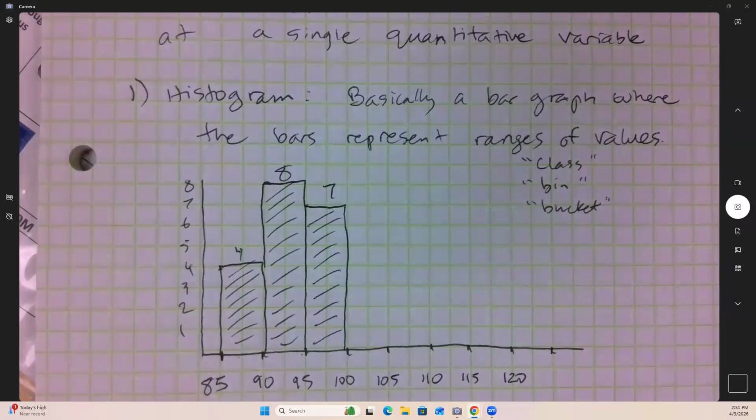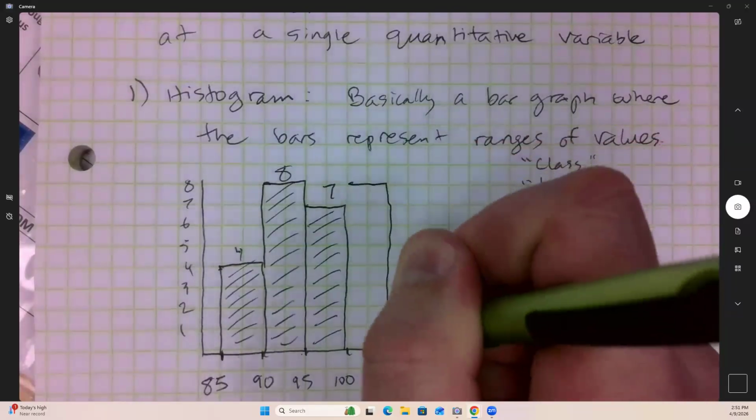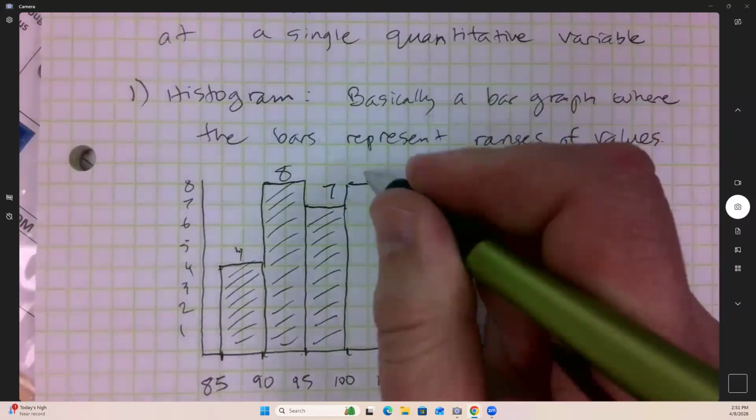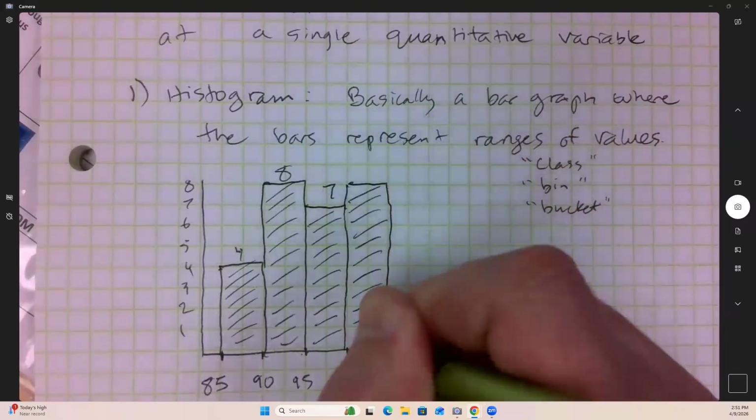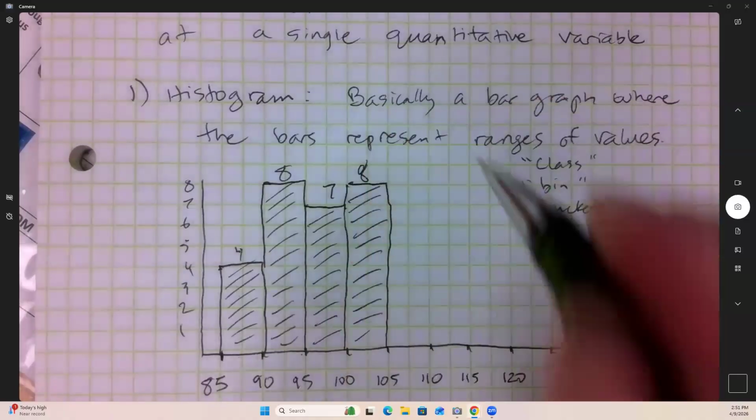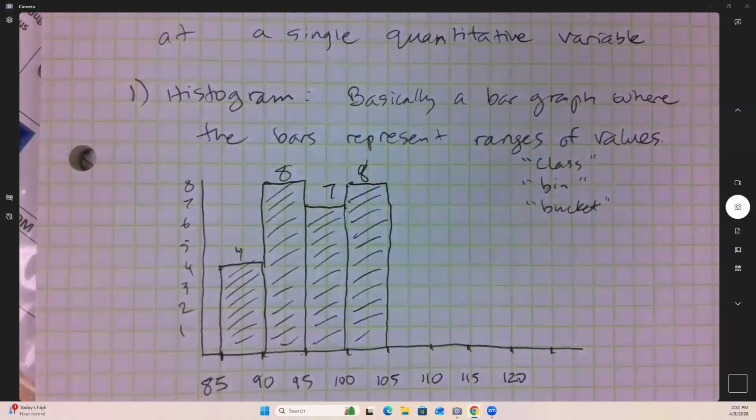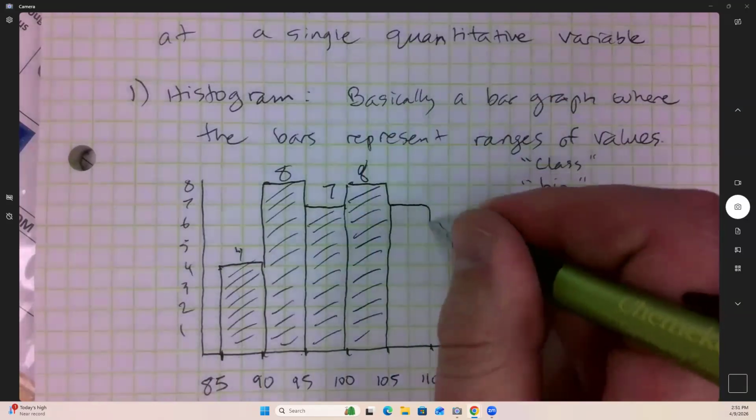One, two, three, 4, 5, 6, 7, 8. There were 8 of them between 100 and up to, but not including 105. 1, 2, 3, 4, 5, 6, 7. Another 7.